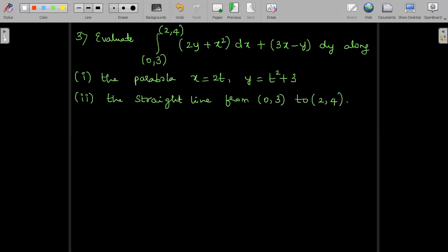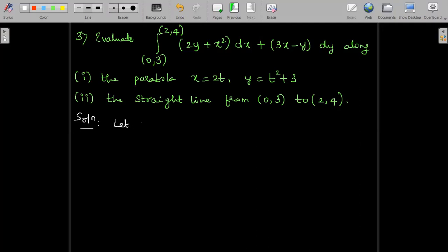So we need to evaluate the given integral. The given integral is not in terms of z, it is directly given in terms of x and y. But we need to evaluate this integral with respect to the parabola x is equal to 2t and y is equal to t square plus 3. So we will do each case one by one. Before starting with the case, I will represent the given integral as I. Solution.